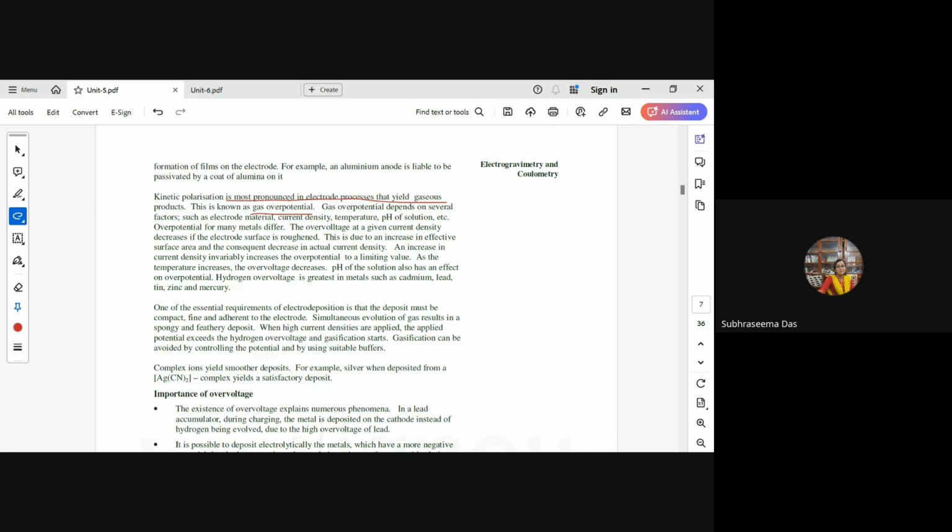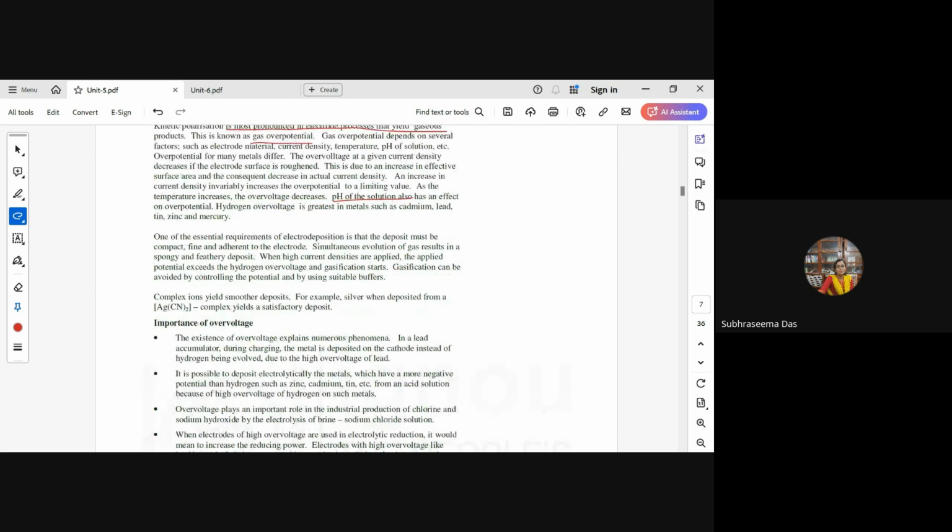The overvoltage at a given current density decreases if the electrode surface is roughened. An increase in current density overall increases the overpotential. As the temperature increases, the voltage decreases. Hydrogen overvoltage is greatest in metals such as cadmium, lead, tin, zinc, and mercury, and the pH of the solution also has an impact on overpotential.